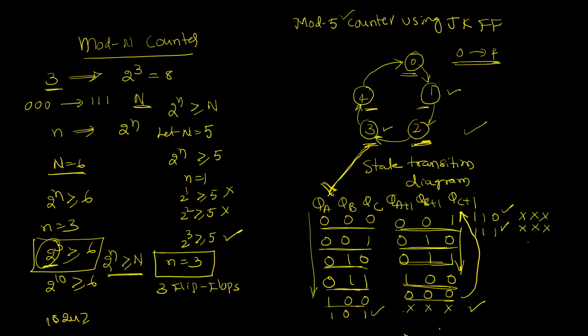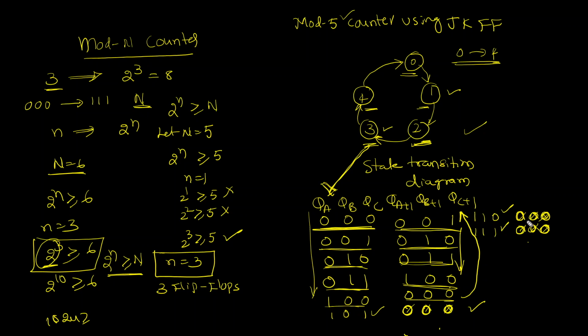Or if I say 0 0 0, that means if any unknown state is entered into the flip-flops, then it will come to a known state 0. From there it is going to start from the very first state.